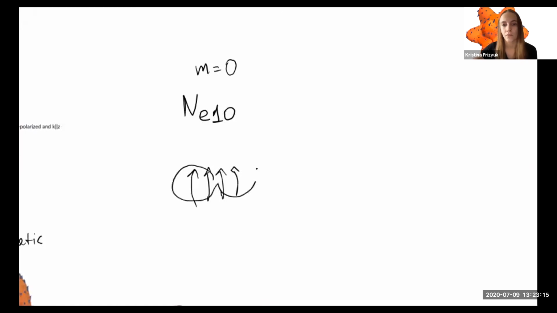I will draw an electric dipole. Here is m equals 0. And this actually looks like this. This is an electric dipole along the z-axis. Here is this one, even, and m equal 1.